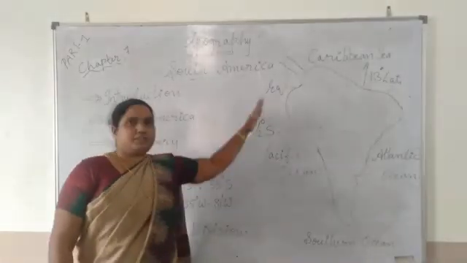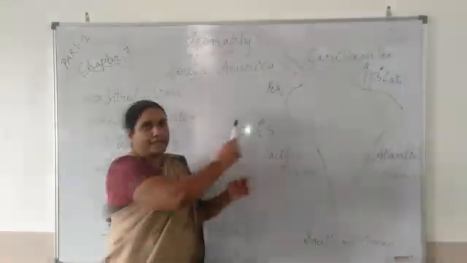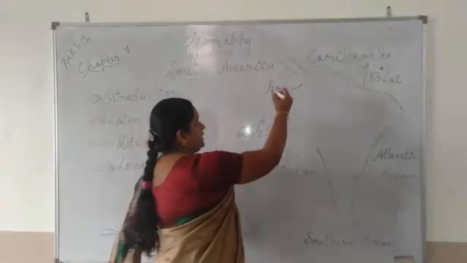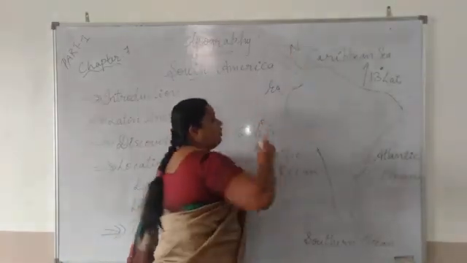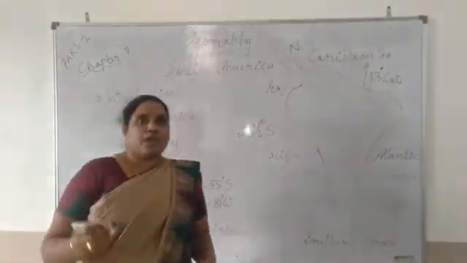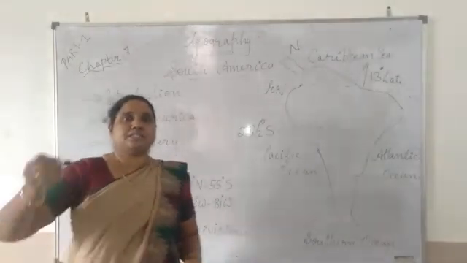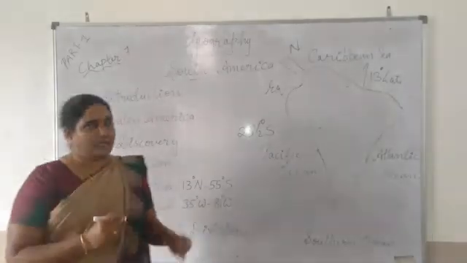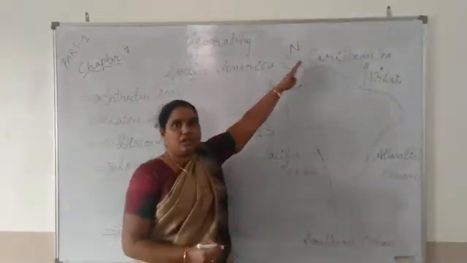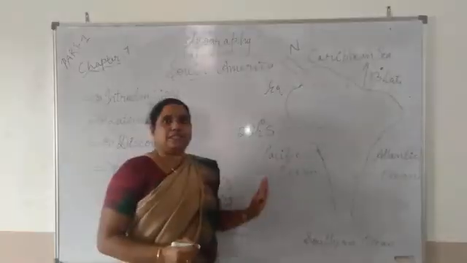Now talking about its 4 boundaries. Caribbean Sea, you can see here Caribbean Sea. Caribbean Sea is in the north of South America. When we studied about North America, I told you that Caribbean Sea is in the south of North America. And here Caribbean Sea is in the north. Then the remaining things are same.